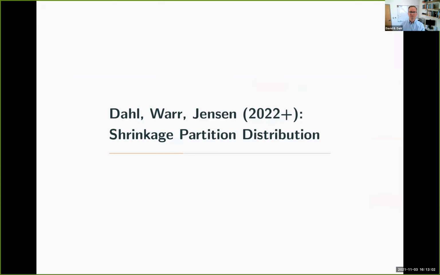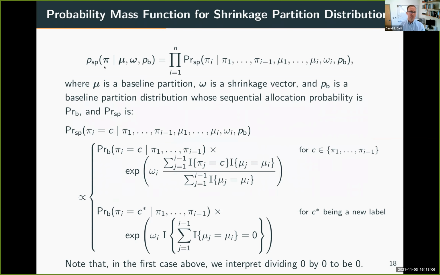Okay. All right, so first of all, our shrinkage partition distribution. The probability mass for our shrinkage partition distribution is a distribution for a partition that is influenced by a baseline partition mu and a shrinkage vector, and also a baseline partition distribution.